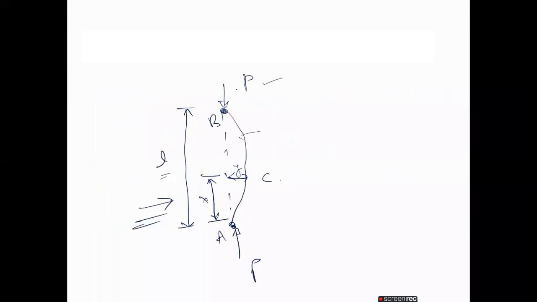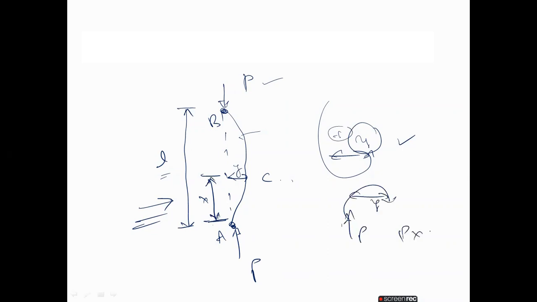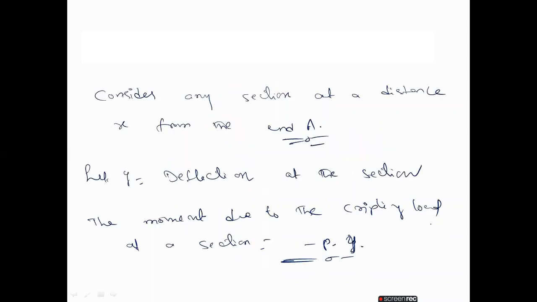Whenever the load is acting here, it is like this. This distance is y. If you take from the top, it will be positive, but we are taking from the downside, because the section we consider is from here to here. This is the y value, this is the P. So P into y is the moment, and due to this we are taking the negative sign convention.